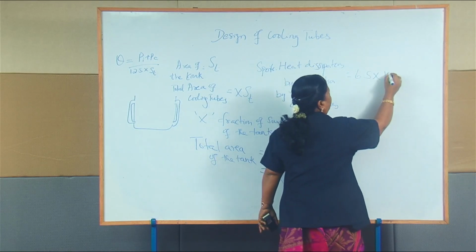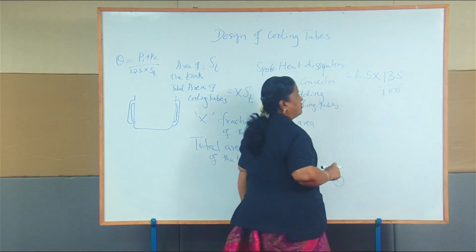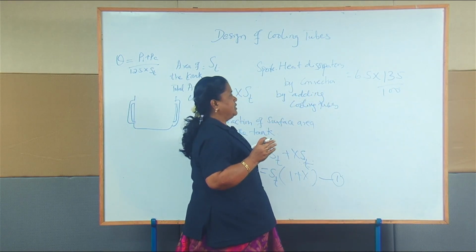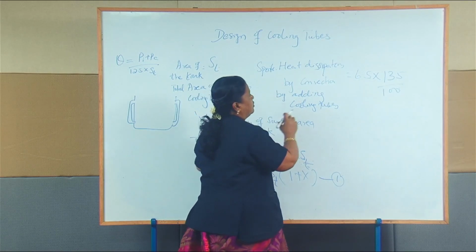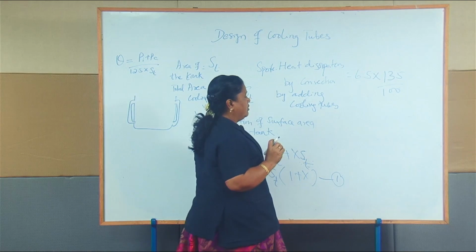In that case, it will be 135 divided by 100. So, the loss dissipation is 6.5 into 135 divided by 100, right.